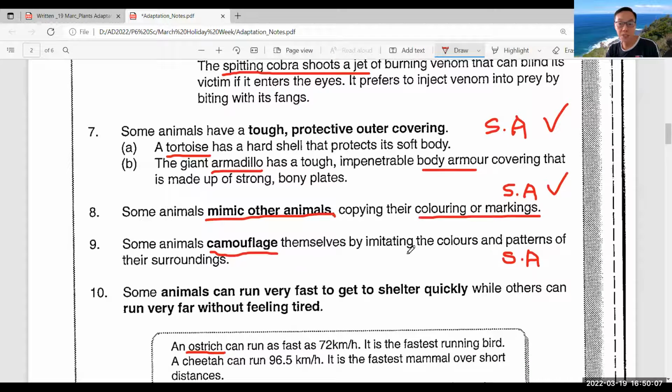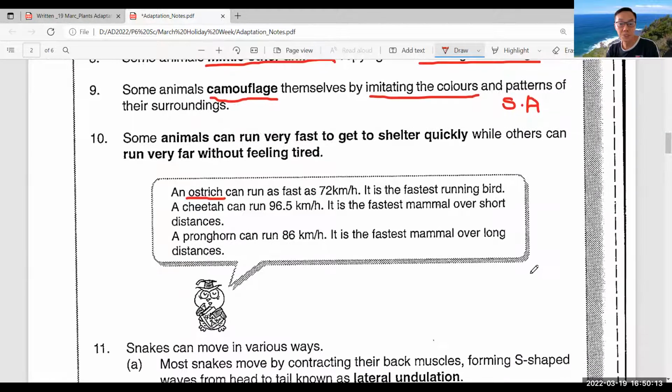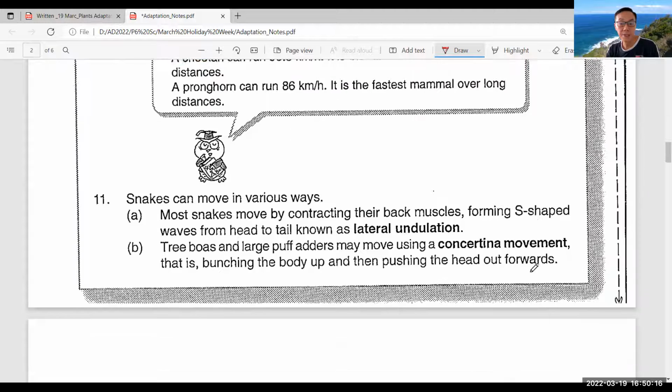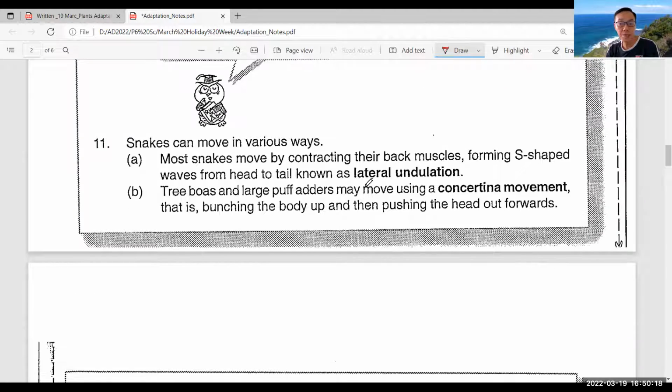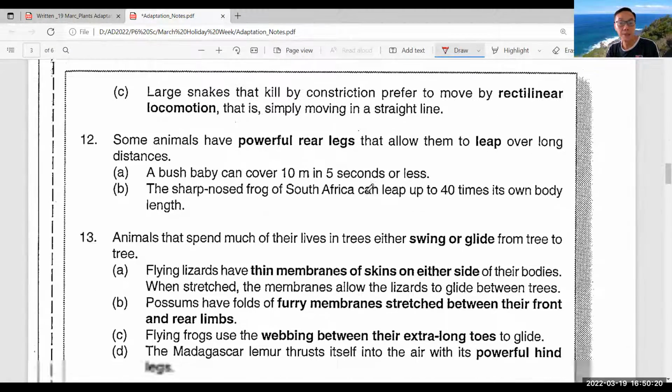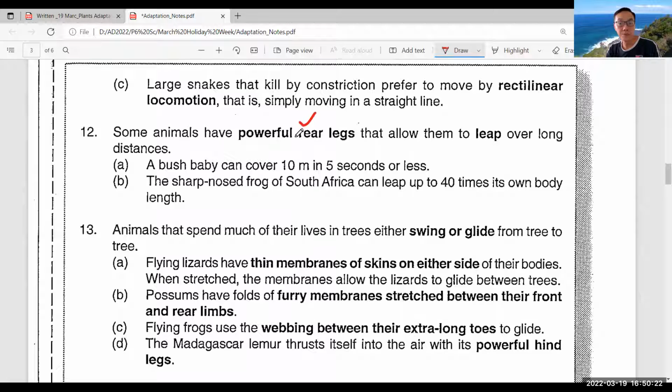Okay, next, camouflage is also by imitating the colors or patterns. Okay, so these are examples, and this one I'll move ahead. You can read up yourself. Okay, powerful rear legs, because this is part of the body structure, right? So this is also a structural adaptation.